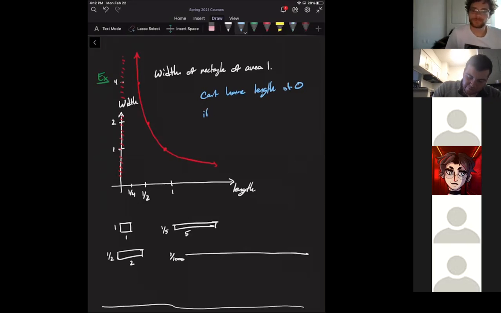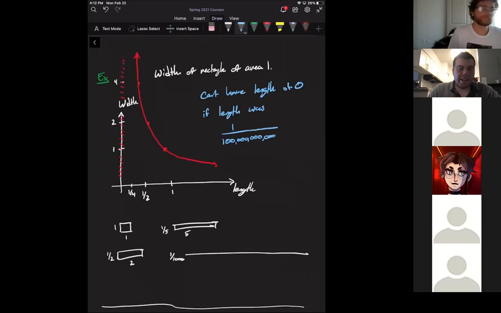So if the length was, I don't know, here's a big number, 1 over 100 billion, could we still make a rectangle of area 1? What width would we need?